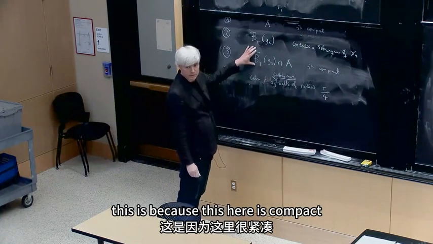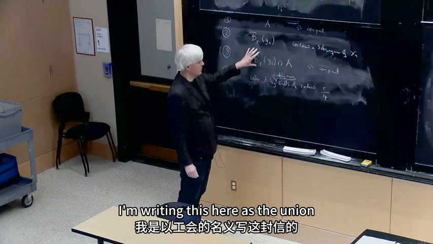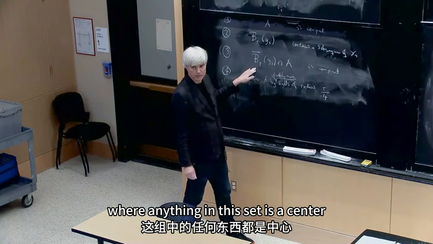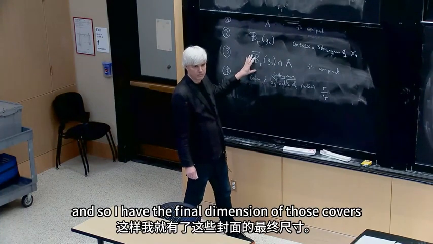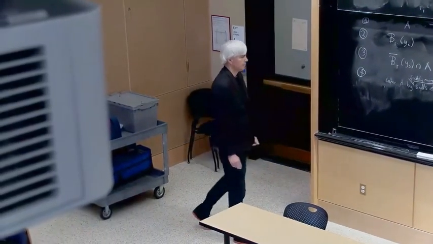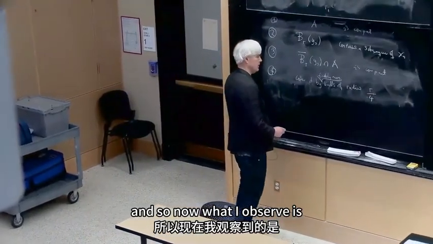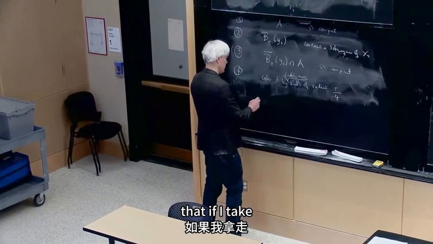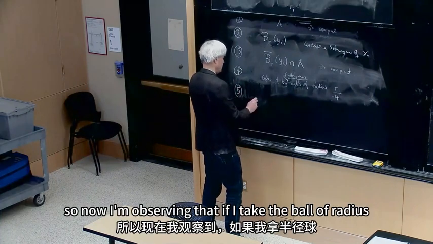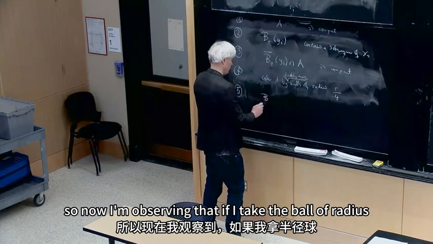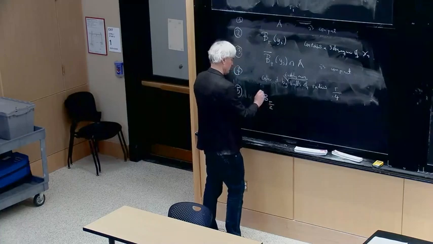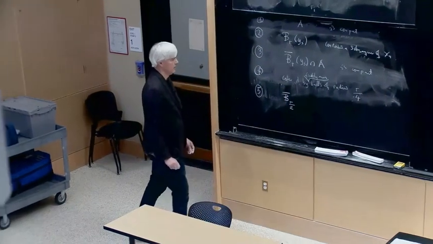This is because this here is compact. I'm writing this here as the union of balls of this radius, where anything in this set is a center, and so I have finitely many of those cover it, right, by compactness, right? And so now I just had to be a little bit careful.